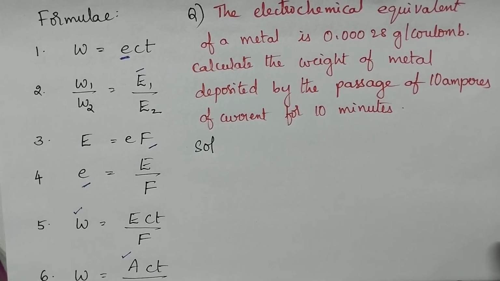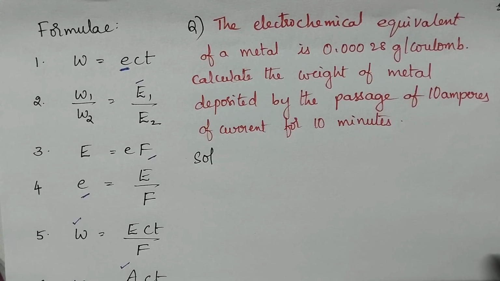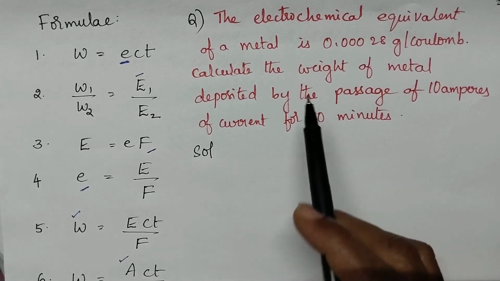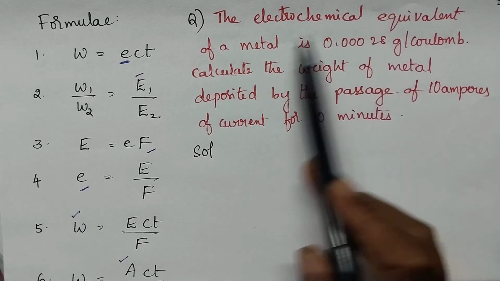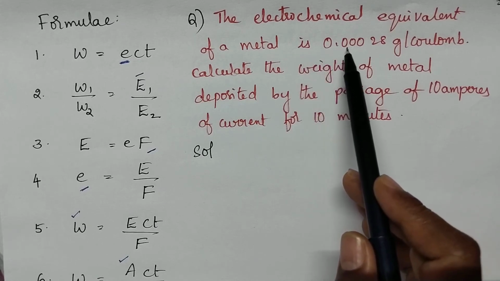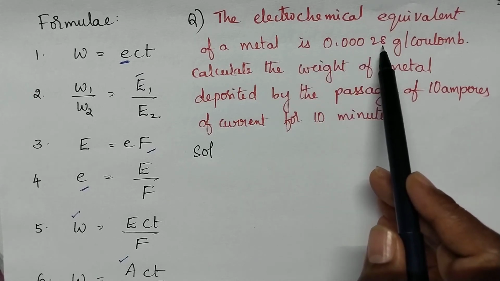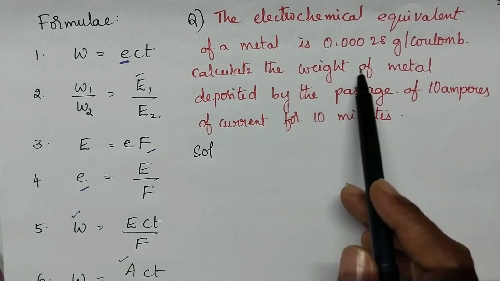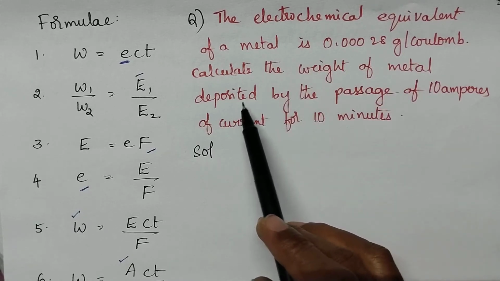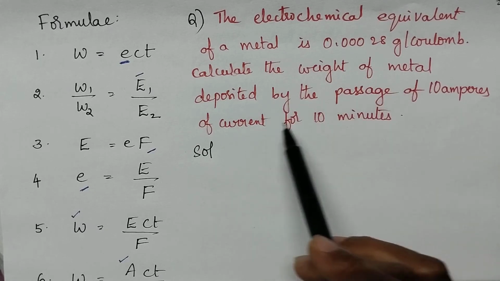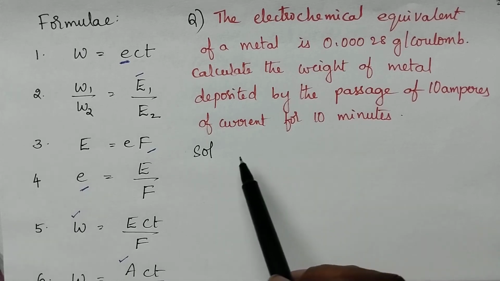Let me explain a few problems related to Faraday's first and second laws. Coming to the first problem: the electrochemical equivalent of a metal is 0.00028 gram per coulomb. Calculate the weight of metal deposited by the passage of 10 amperes of current for 10 minutes.